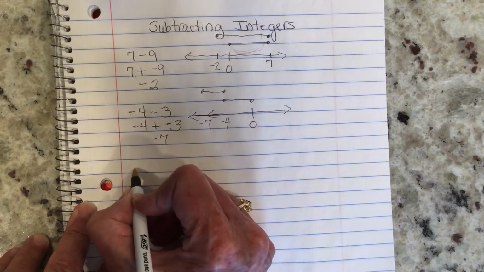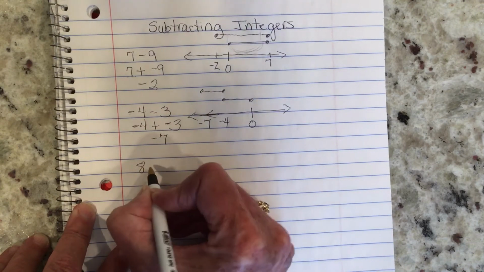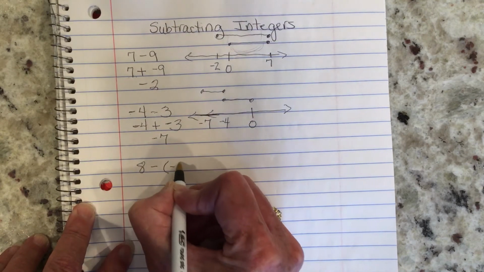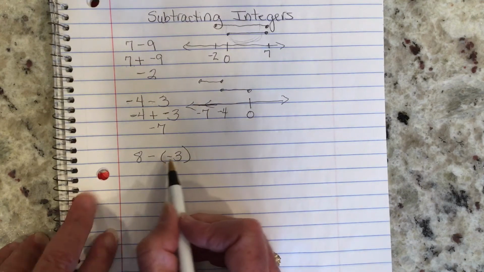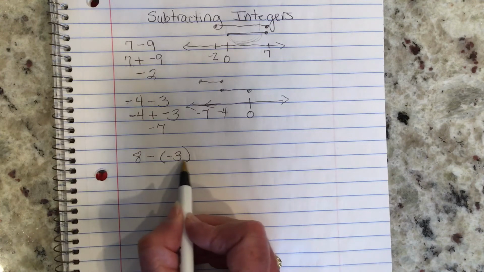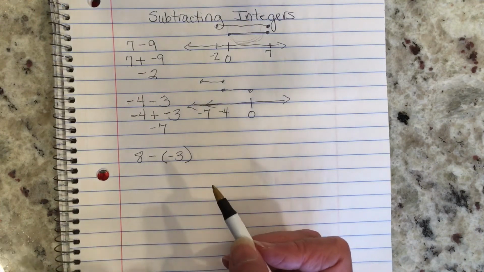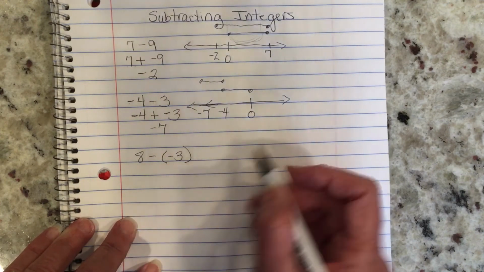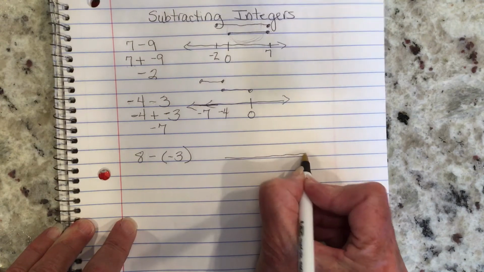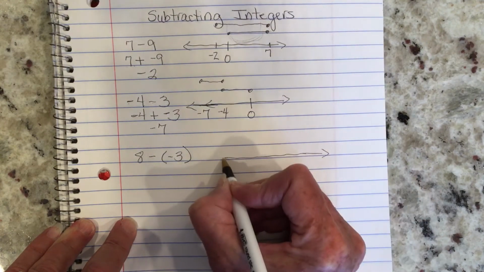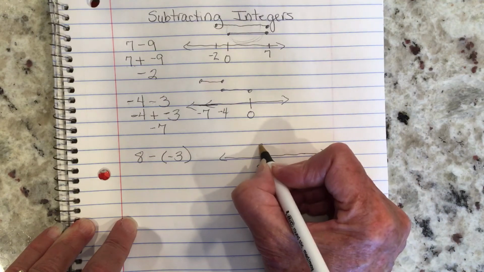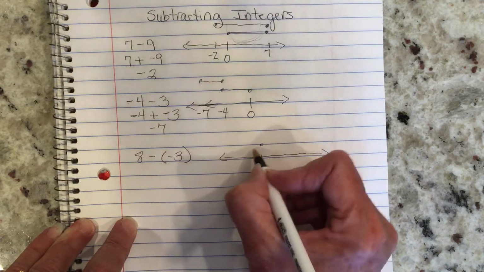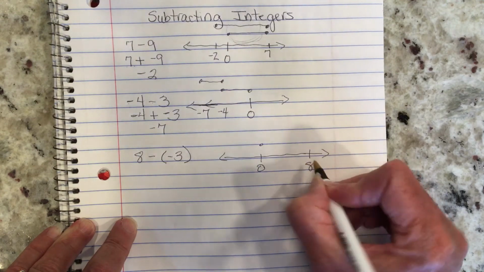So let's try a couple more. So we have 8 minus negative 3. Okay, now this is a parenthesis. All that's doing is showing you that this is a negative number so you don't confuse it with the operation. So if we were to do this on the number line, let's try that first. So we have 0 here, and we are going to go to the right 8. So that's going to take me to here.